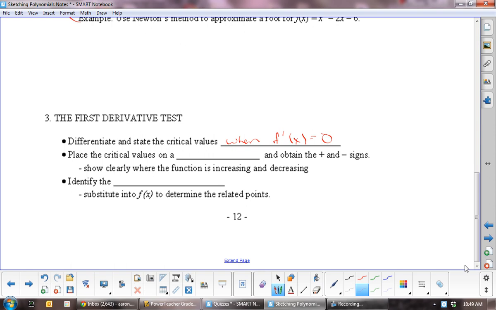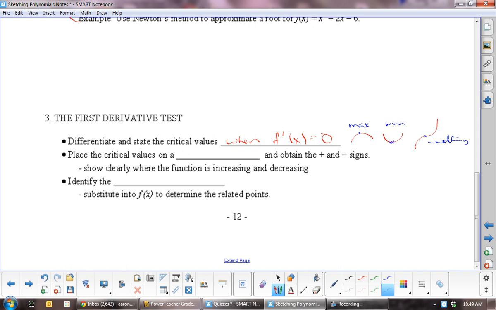Okay, but not always, right? So this, of course, would have a max. This would have a min. This would have nothing, right? So that's a max. That's a min. And that would be nothing. It's actually not nothing.